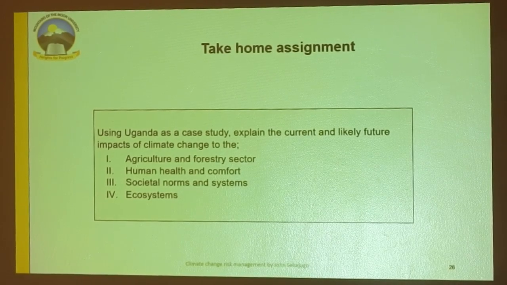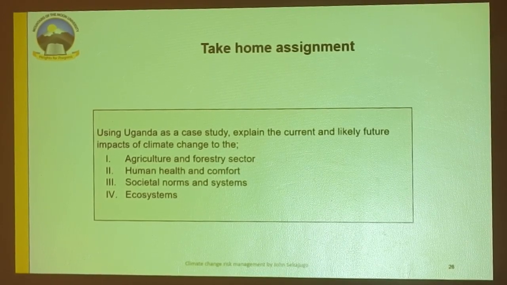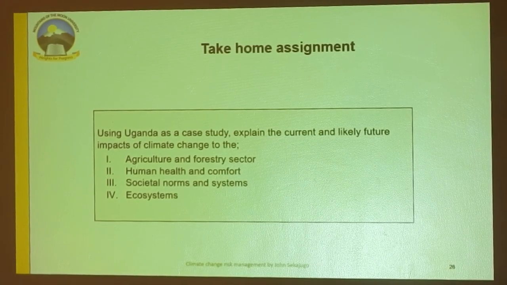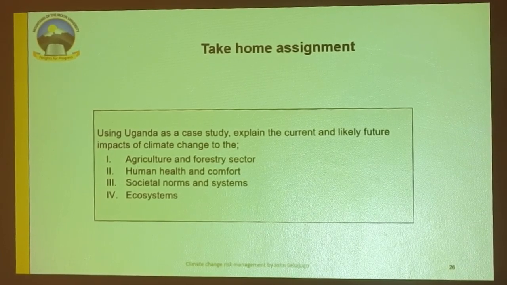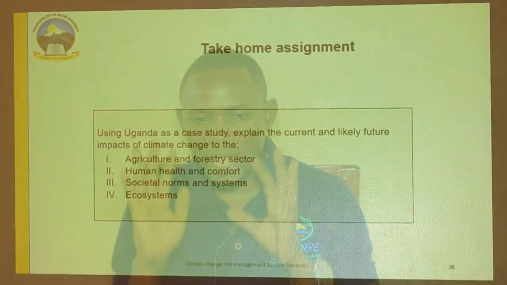So look at those impacts that currently exist, but also the likely future impacts of climate change on the agriculture and forestry sector, on human health and comfort, but also on societal norms and systems, and lastly on ecosystems. So what are those current and likely future impacts of climate change to the agriculture and forestry sector, human health and comfort, societal norms and systems, but also ecosystems?